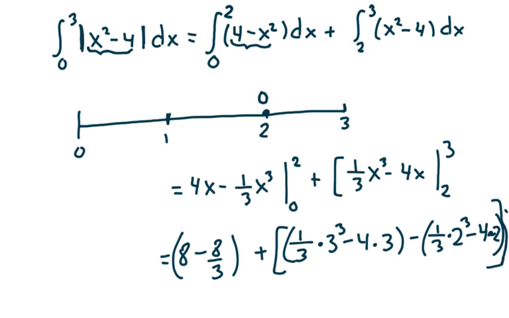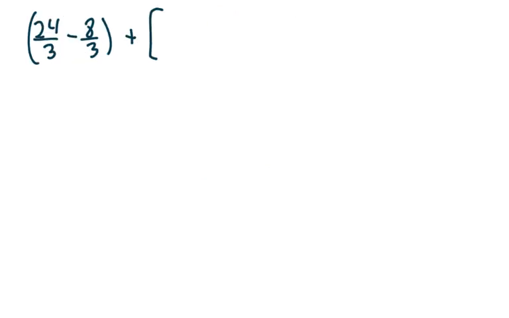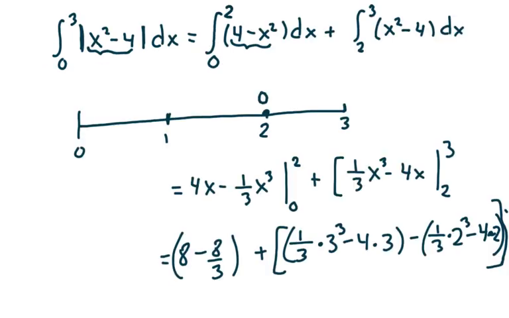Now, 8 can be written as 24 thirds. And I subtract 8 thirds. I'm going to go plus. And then I get 1/3 of 3 cubed is 9. And then I'm going to go minus 12. So I go 9 minus 12 for the first one. And for the second one, I get 8 thirds minus 8.